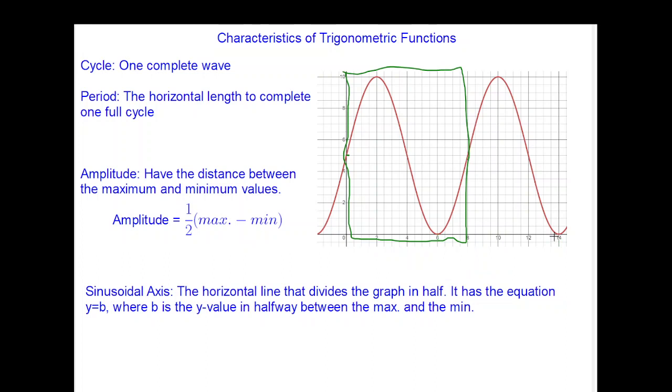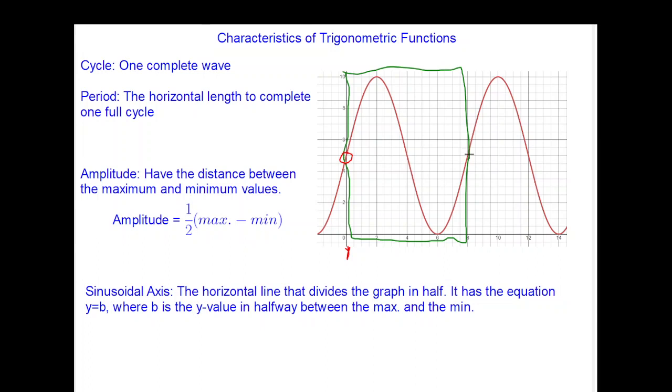And when we talk about cycle, we often want to measure that cycle with what's called the period. So the period of a periodic function is basically the horizontal length that is required to complete one full cycle. So here, the cycle started here at, if this is time or whatever this happens to be, the x value here at 0 is 0, and then the y value is 5.